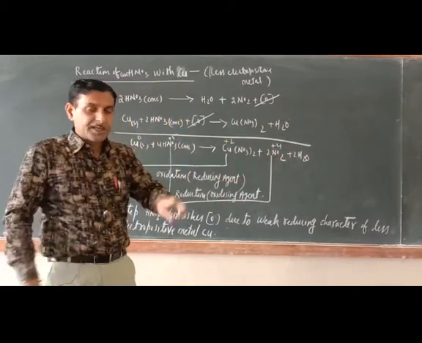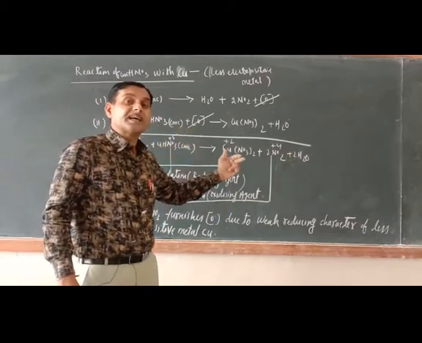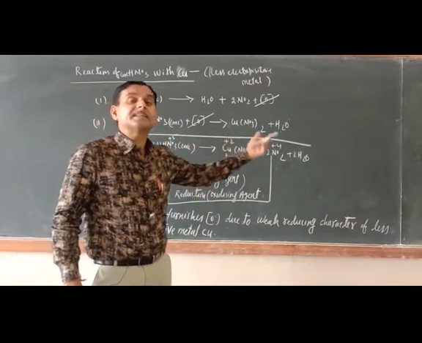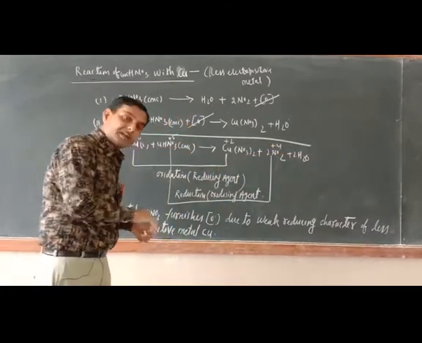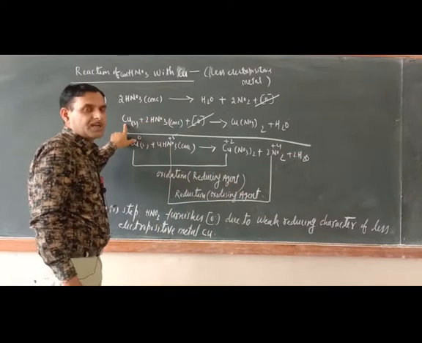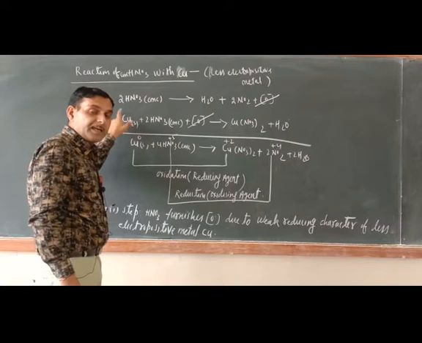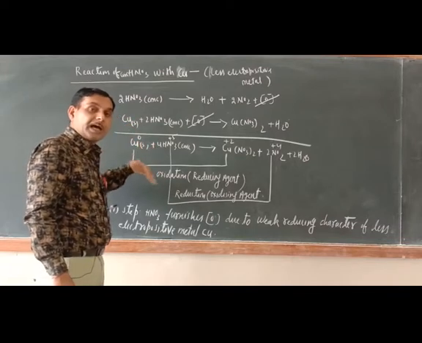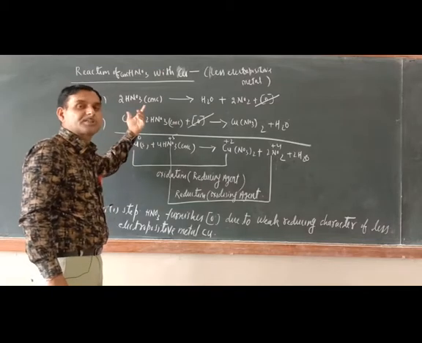That is why in step number one, zinc reduces HNO3 into nascent hydrogen. Here, copper is a weak electropositive metal, meaning a less electropositive metal. So that is why HNO3 has expressed itself in step one as a strong oxidizing agent.